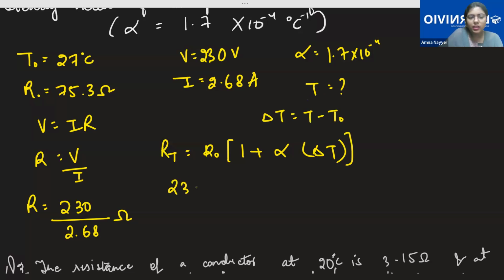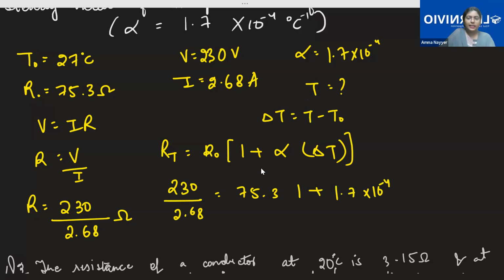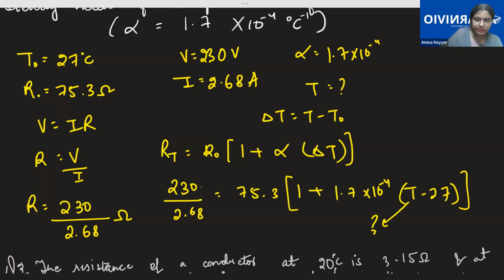RT will be 230 by 2.68. R naught is 75.3 into 1 plus alpha, which is 1.7 into 10 to the power minus 4, into delta T, which is T minus 27. So see, one variable, one equation. You just have to find out this. Got it?